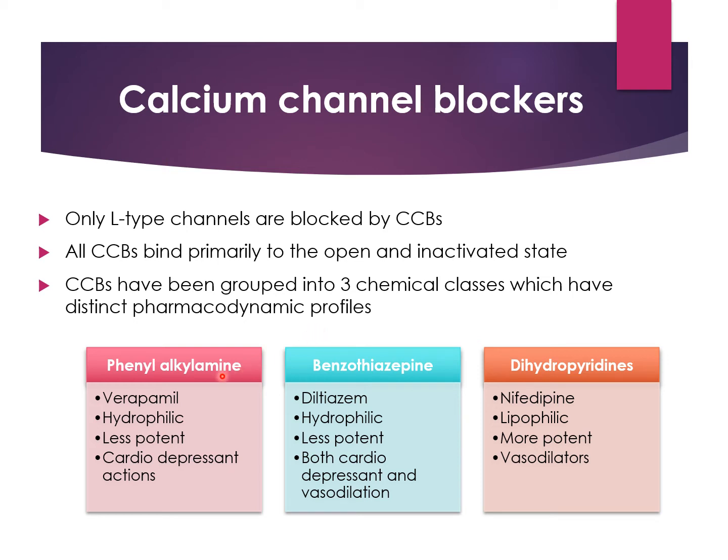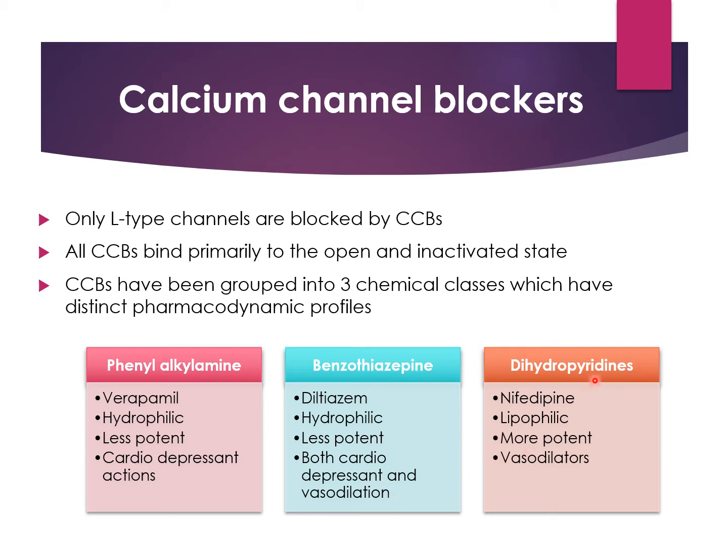The example of phenylalkylamines is verapamil. The verapamil drug is hydrophilic, less potent, and has cardiodepressant actions. Coming to the next category, benzothiazepines, the example is diltiazem. It is hydrophilic, less potent, and has both cardiodepressant and vasodilation action.